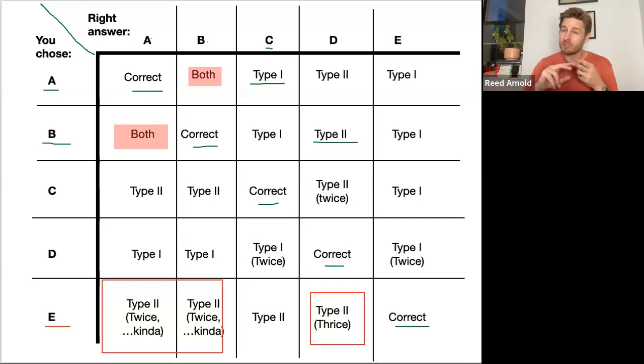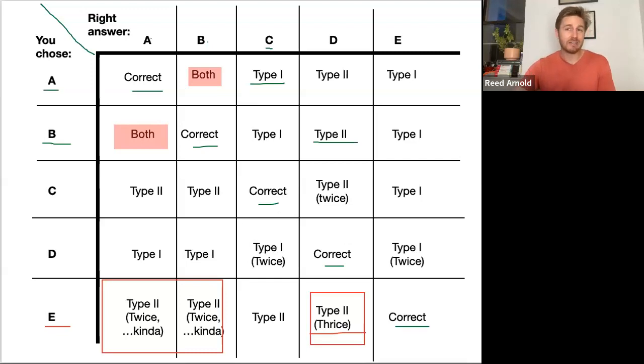But if statement 1 is sufficient on its own, you're also missing something at that C level as well. So you make two type 2 errors about that first statement. And if the answer is D and you choose E, you're making a lot of type 2 errors, because you're saying neither statement is sufficient on its own, and you're saying it's not sufficient when they're together, but actually it's been enough the whole time. So you make 3 type 2 errors in that instance.